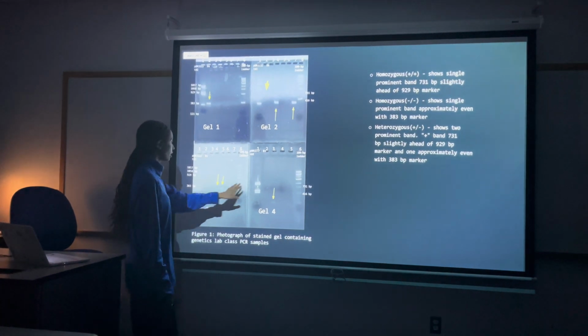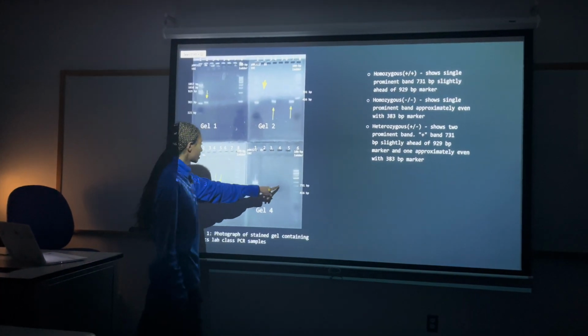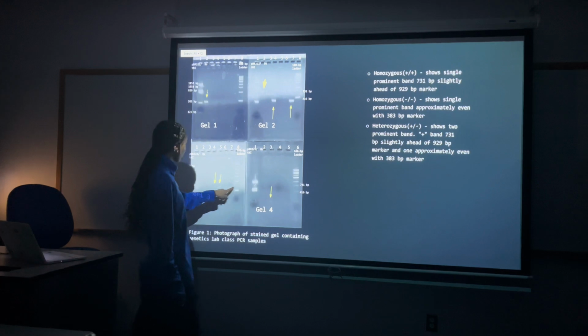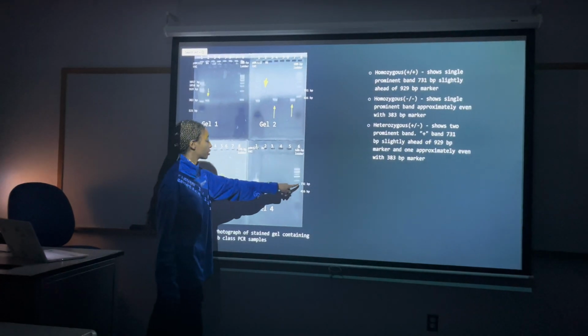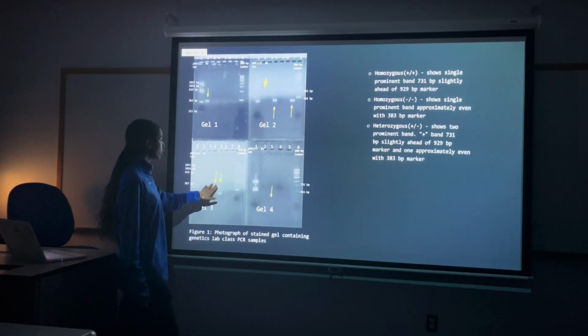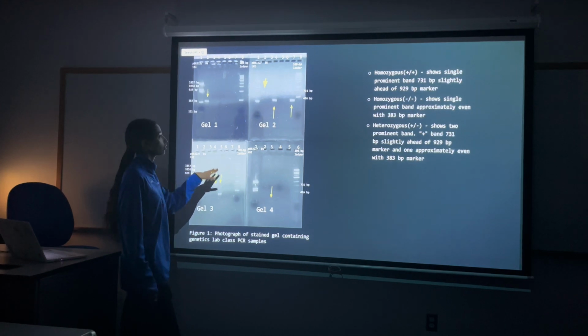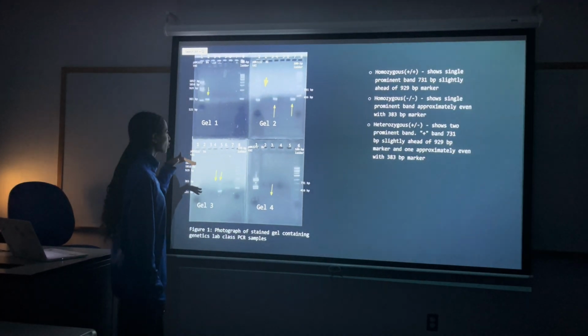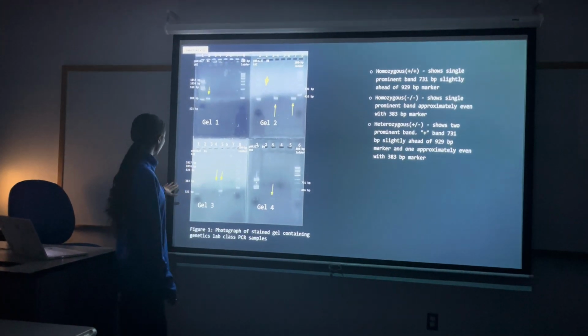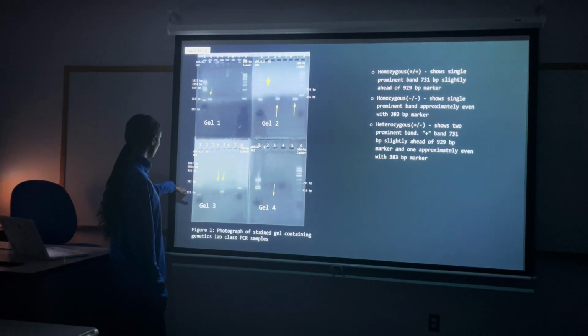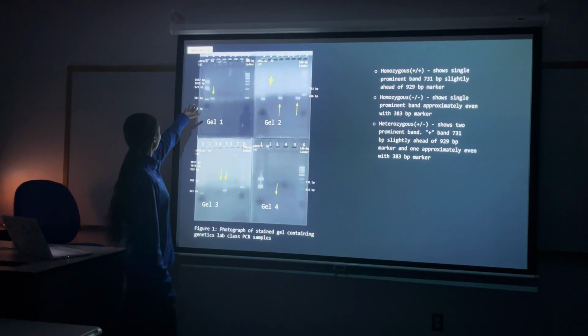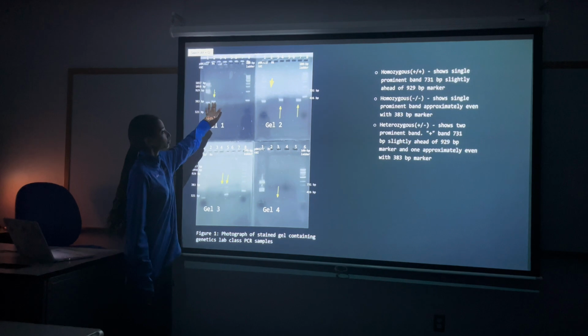We can see that there's a band along the line of 731 BP, and when it's homozygous recessive, there's a band that is approximately even with 383 BP here.